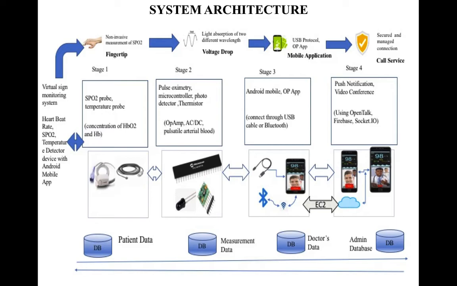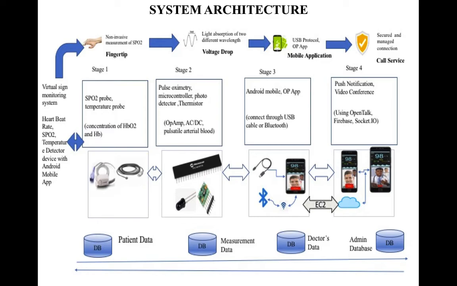In the second stage, the pulse oximetry microcontroller, a photo detector, and thermostat, which are available in the detector device, are used to measure the ranges of the person's health.